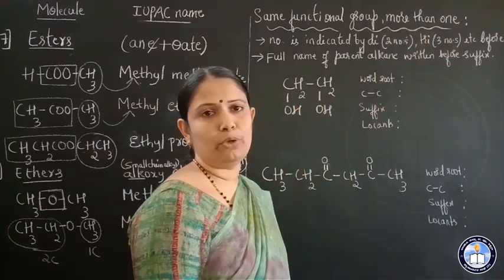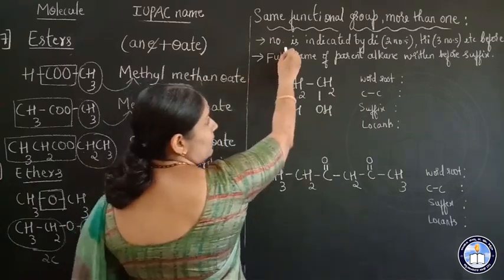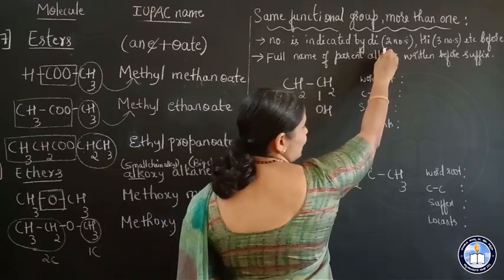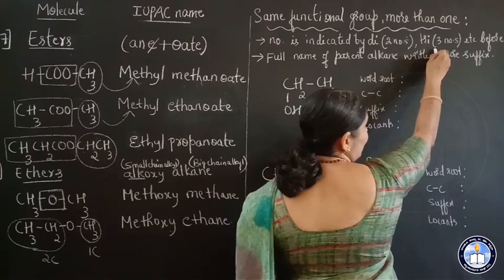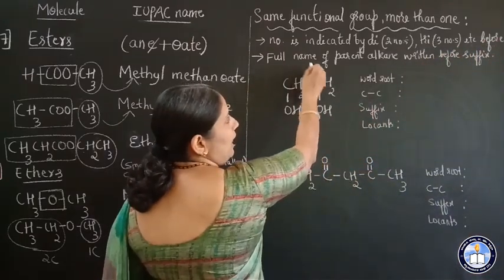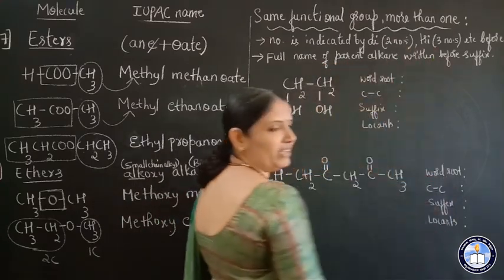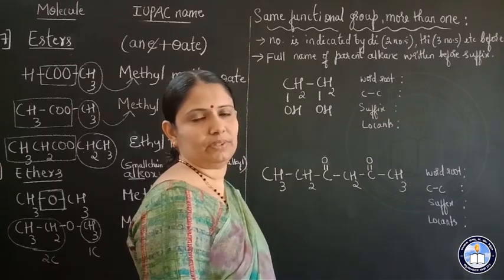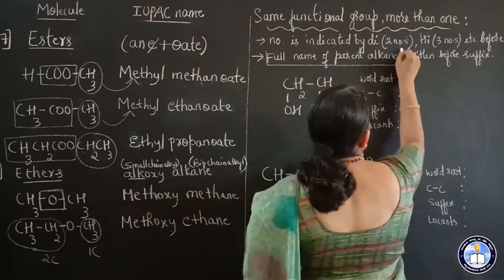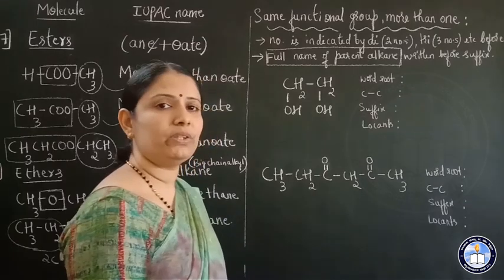If the same functional group is present in 2 numbers, present in 3 numbers, so the number is indicated by di if 2 numbers of the same functional group are present, tri if in 3 numbers, before the suffix. Then here the full name of the parent alkane is written before the suffix. So full name of the alkane you have to write. Full name of alkane. It is written before the suffix.